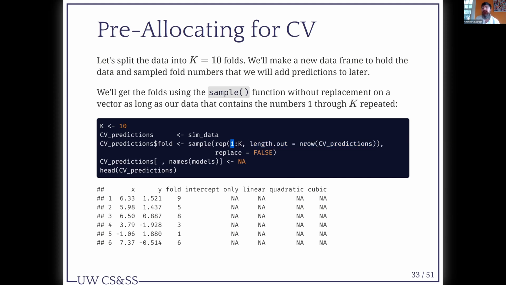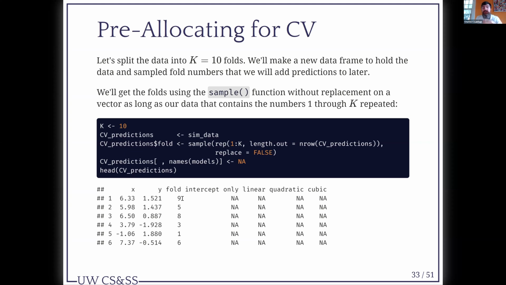So this is going to repeat 1, 2, 3, 4, 5, 6, 7, 8, 9, 10, 30 times, generate 1 through 10 until we get 300 rows, basically. But then I want to randomly sample from this. Replacement equals false. So this means it's going to assign randomly each of those numbers in this vector to this fold over here until it runs out, and it kind of shows it here.